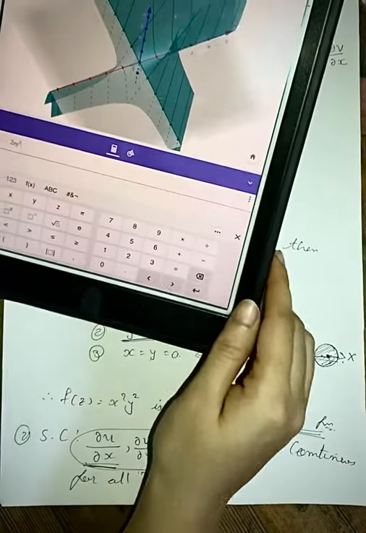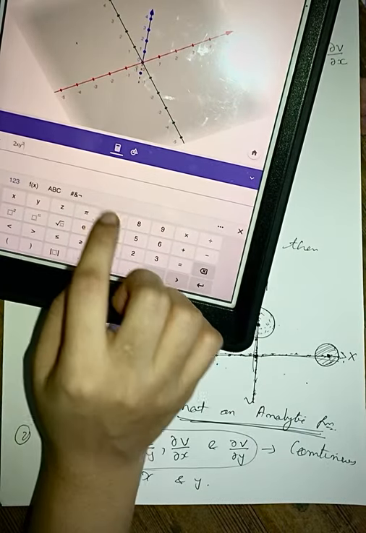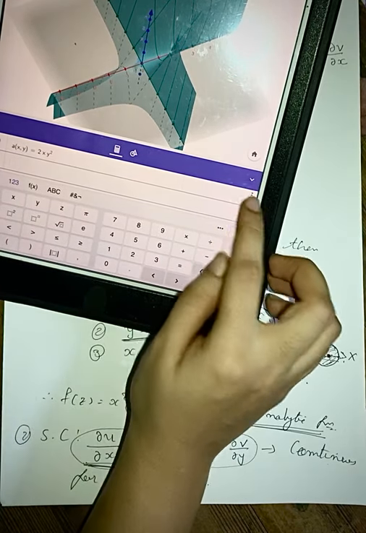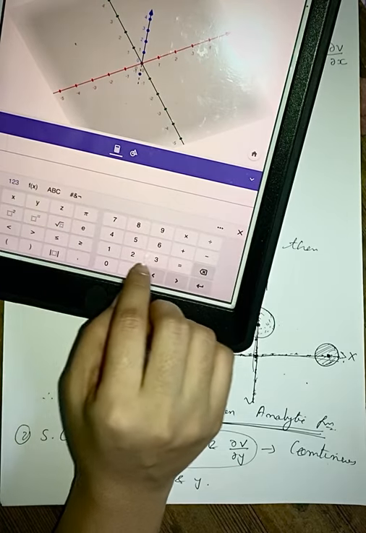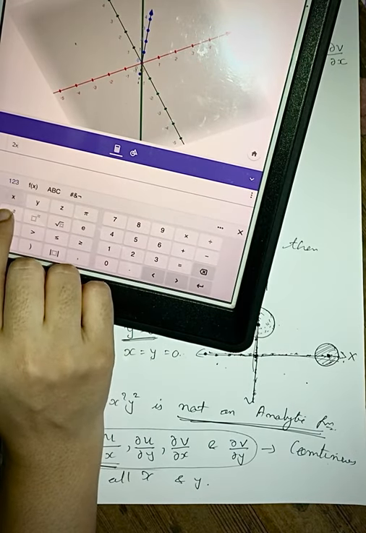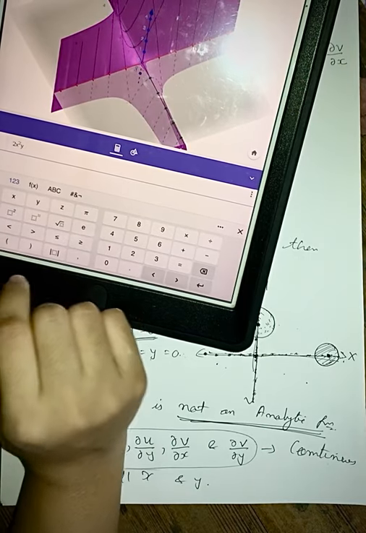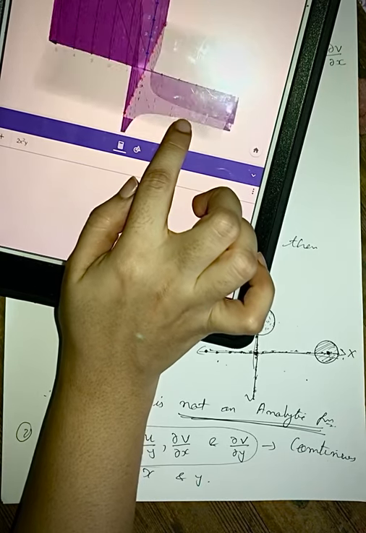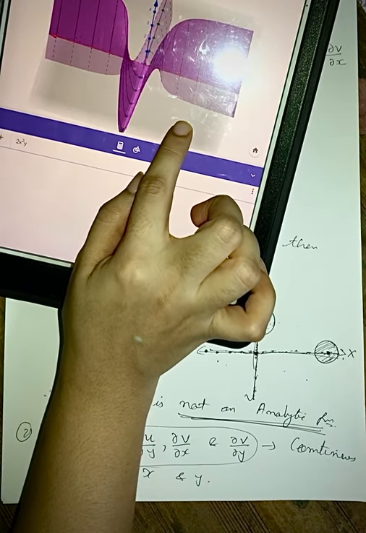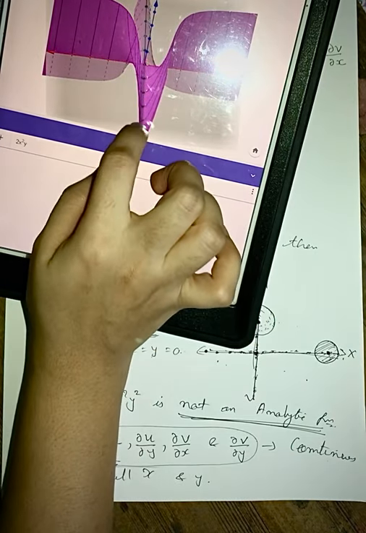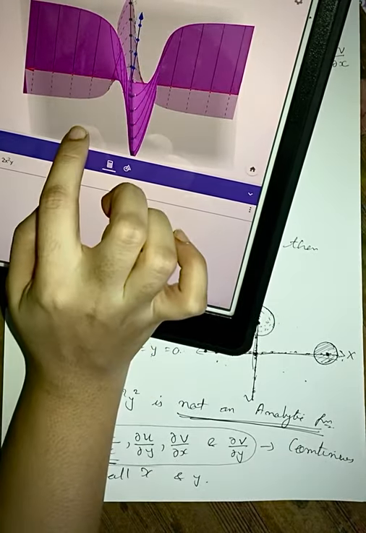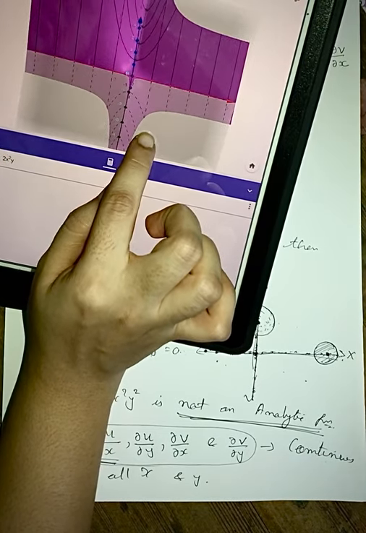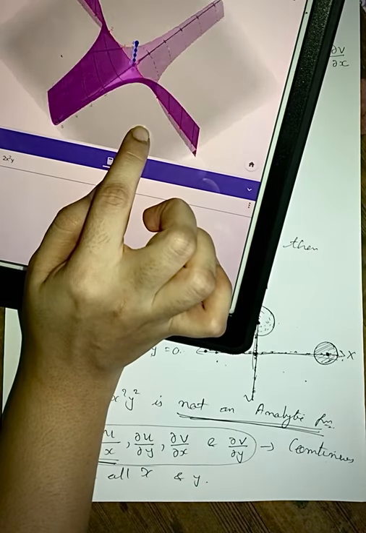So if we check another function, 2x square into y, you see here also you will find a similar structure. It shows some continuity near the coordinates, but it loses the continuity near the quadrants.